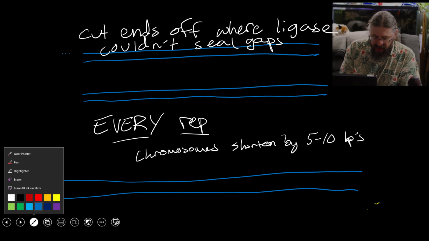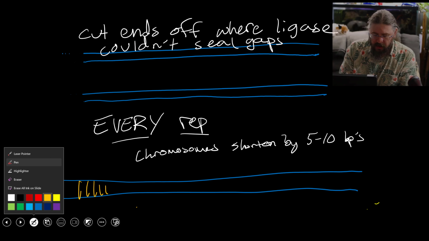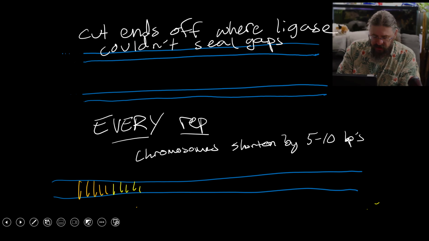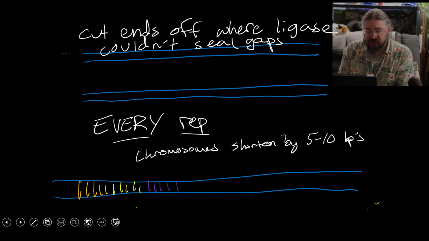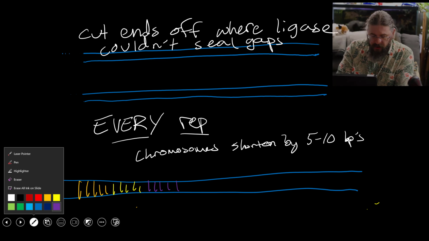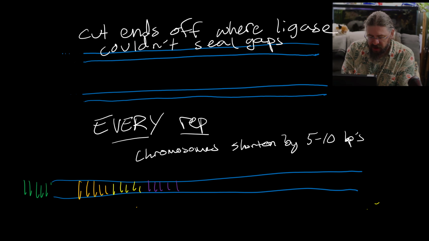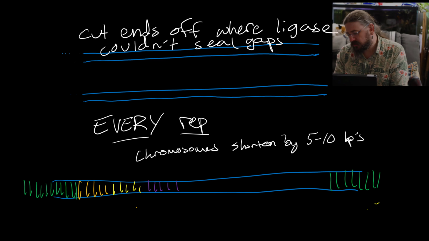So, you know, you've got gene 1, you know, gene 2, right? All these important genes in here. You don't want to be losing these genes. So all you got to do is have a bunch of nonsense DNA at the ends.